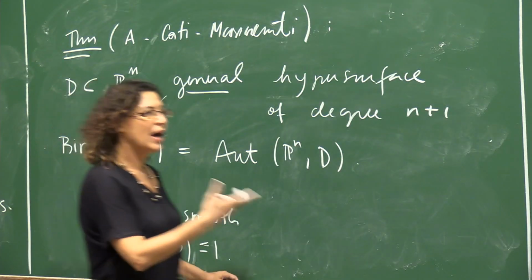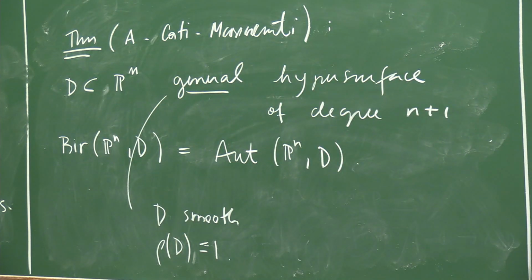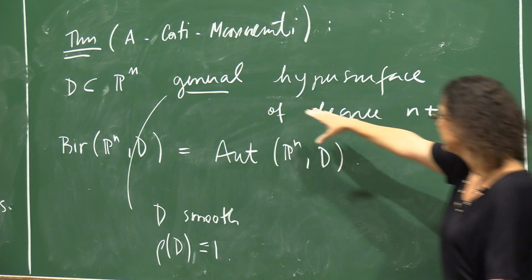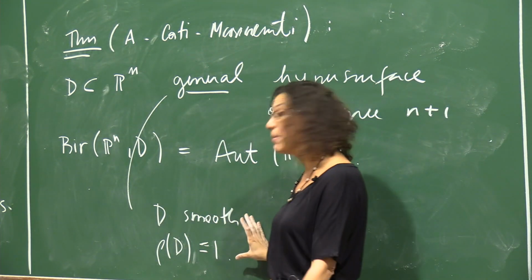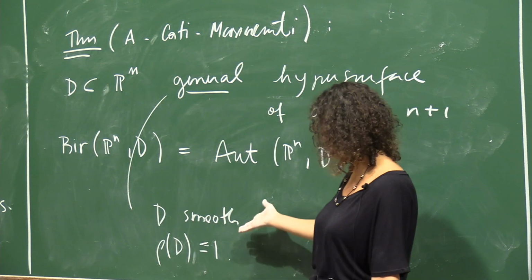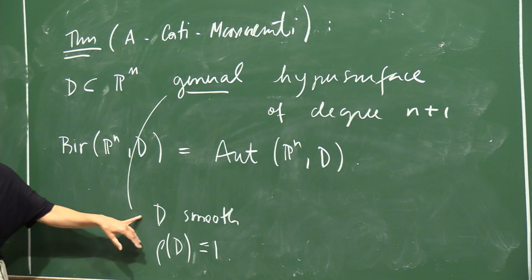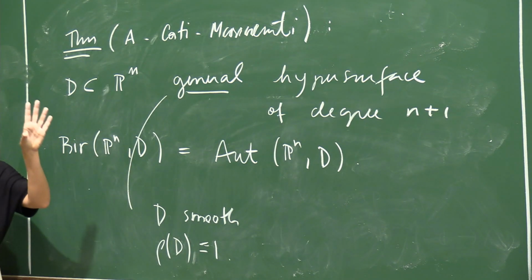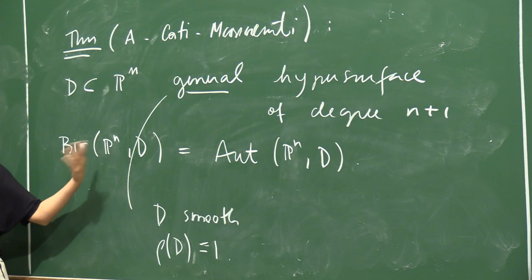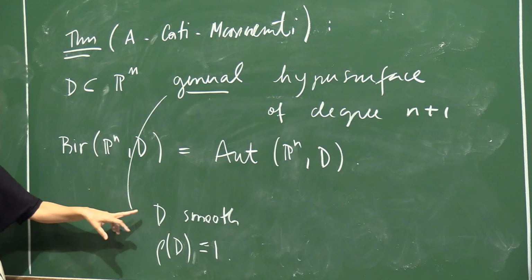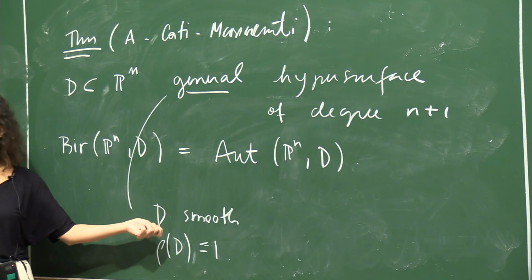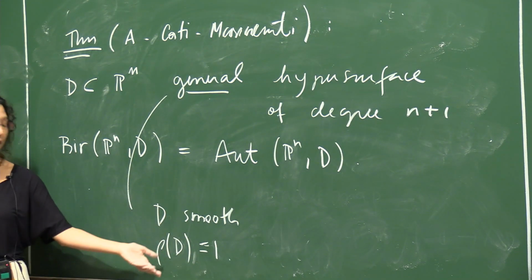And then we wanted to investigate: instead of taking D general, let's make D special. And from these conditions, there are two different directions that you could take. Let's say now in P3, you could take a quartic surface, a K3 surface, and either allow for singular surfaces or allow for a higher Picard rank.